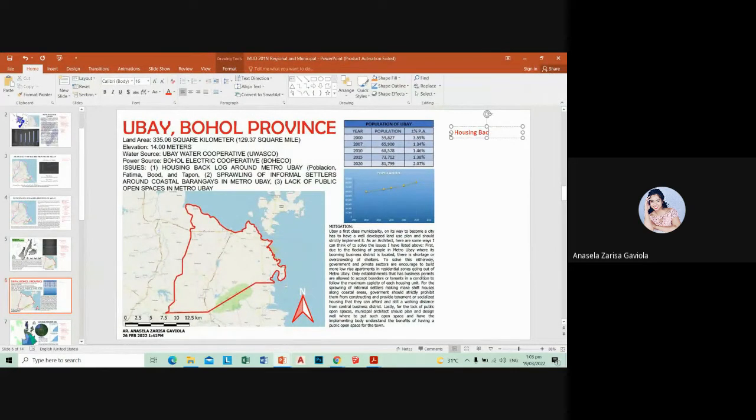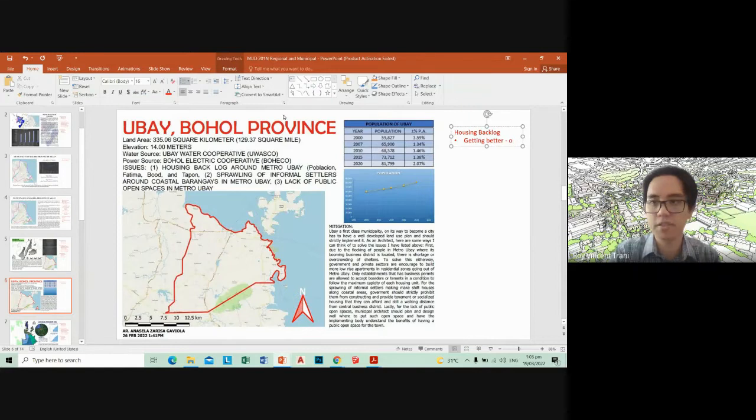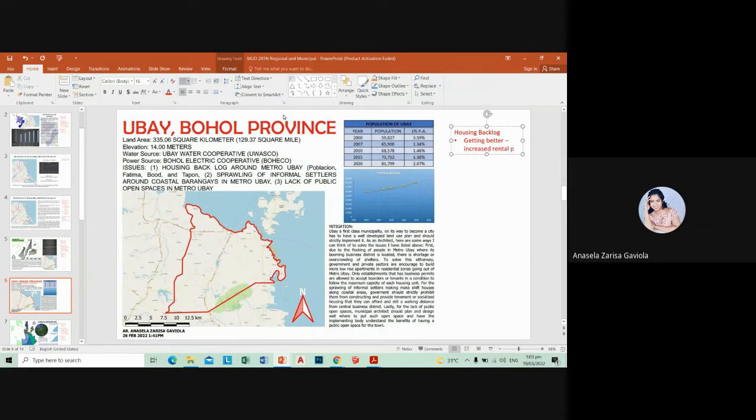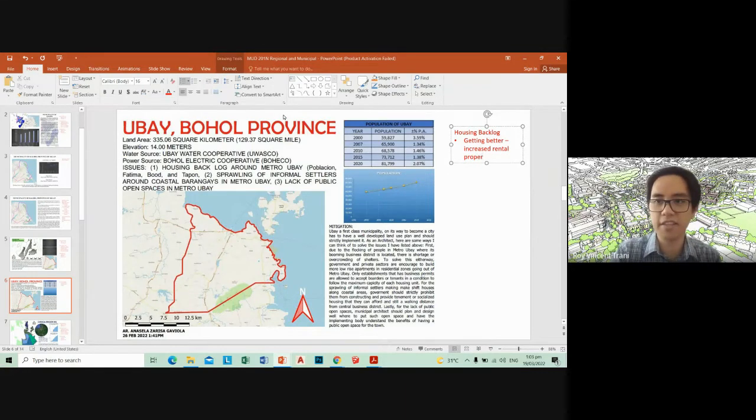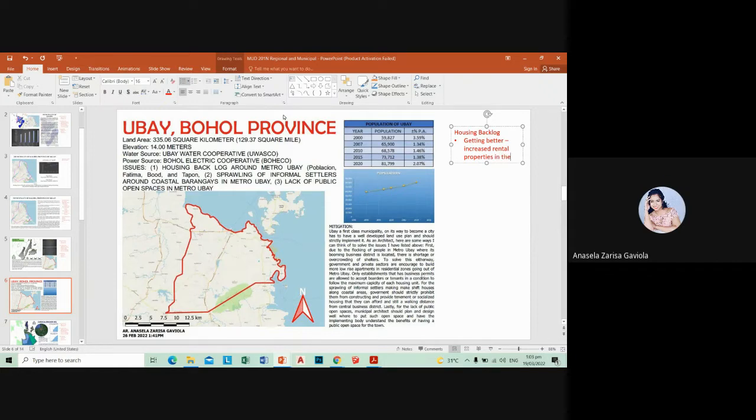So I think the situation regarding the housing backlog is getting better. Increased rental properties, yes, sir, in Metro Ubay.